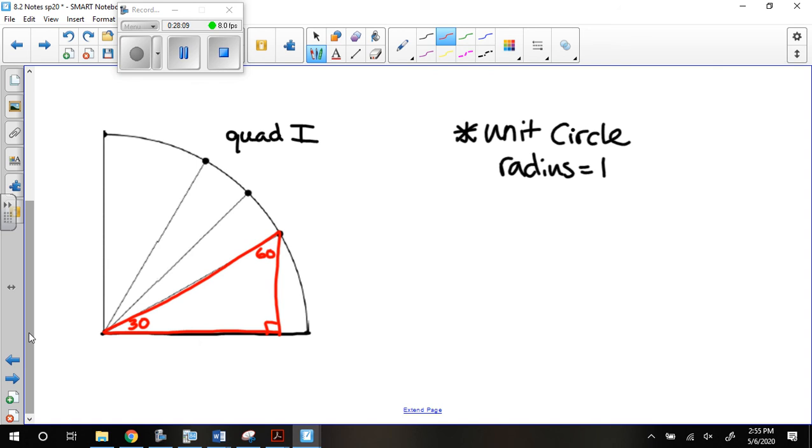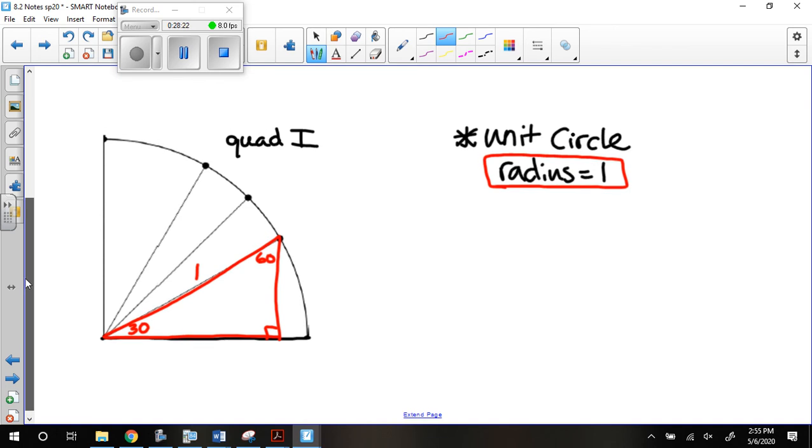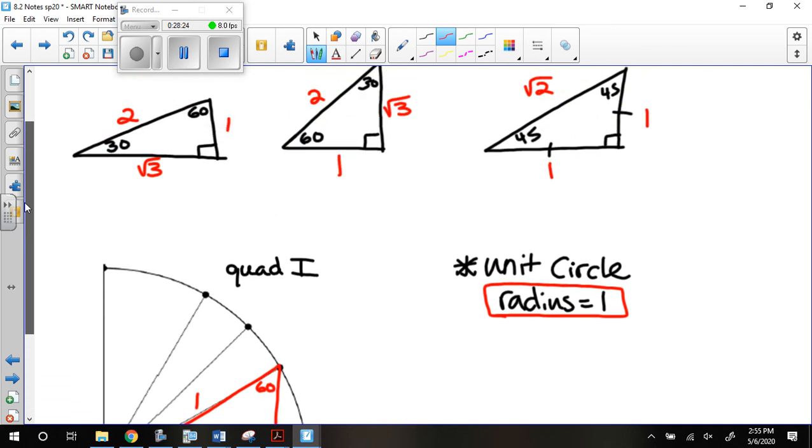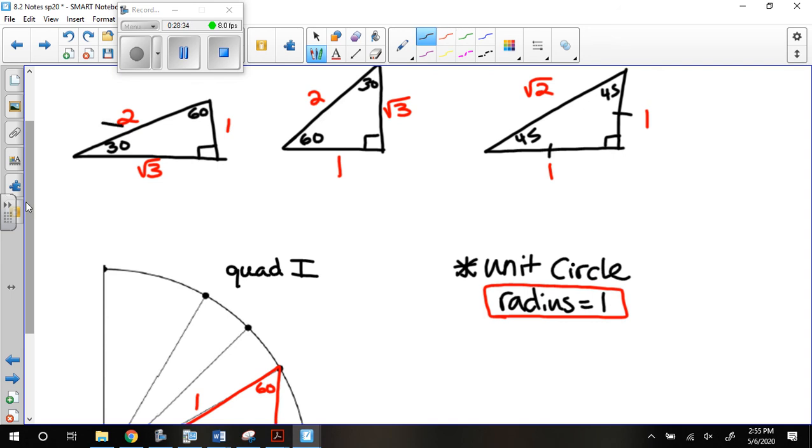Now, my radius is supposed to equal 1 because I said this is a unit circle with a radius of 1. And the issue is my triangle up here currently has a 2 on it. So what I have to do to fix that is divide it by 2, because then it will equal 1.